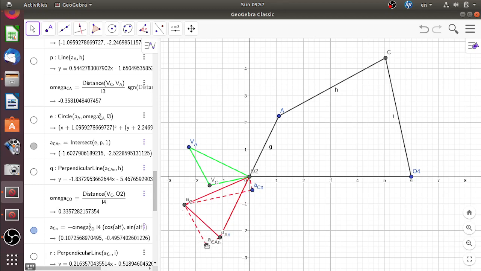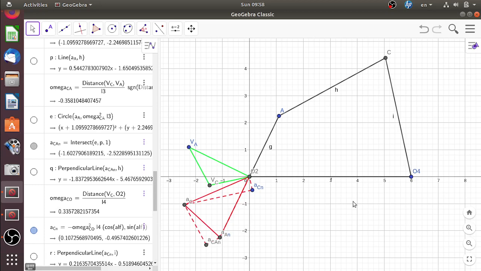So this length divided by this length provides me alpha 3, the angular acceleration of link 3, and this length divided by this length will provide me the angular acceleration of link 4.